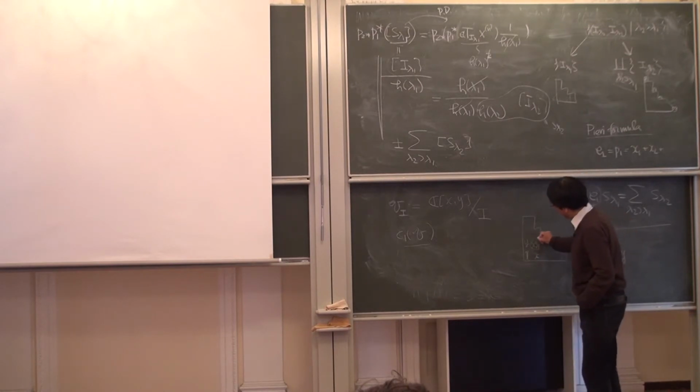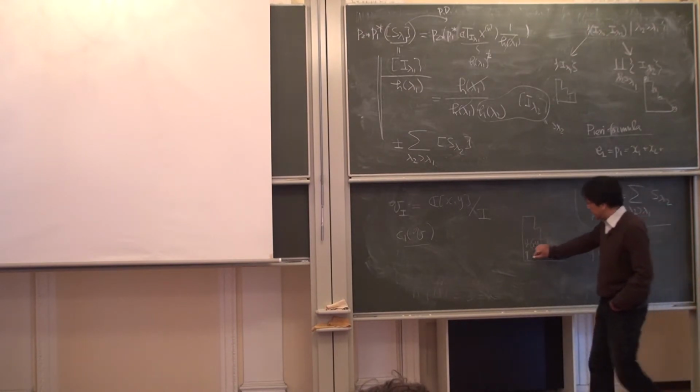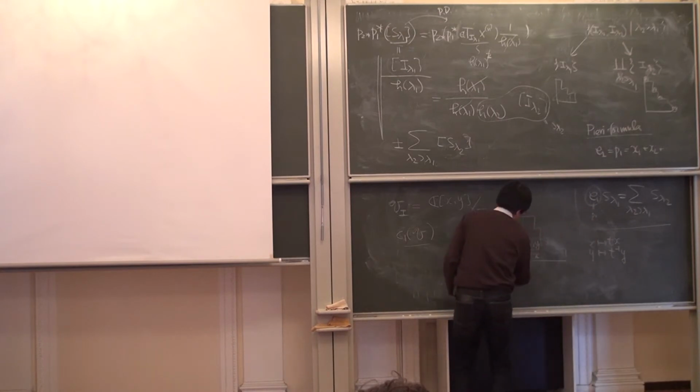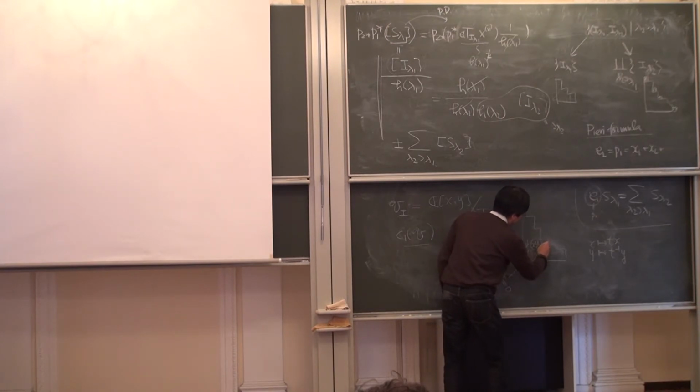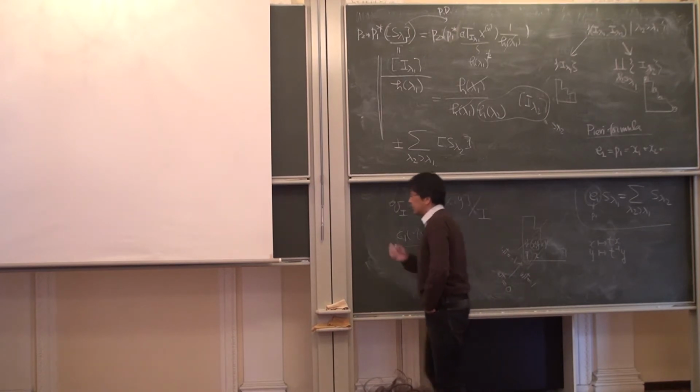So xy is also preserved. So in this language, this is weight 0, and this x and also x squared y. So this direction is weight equal to 1, and this direction is weight equal to -1.